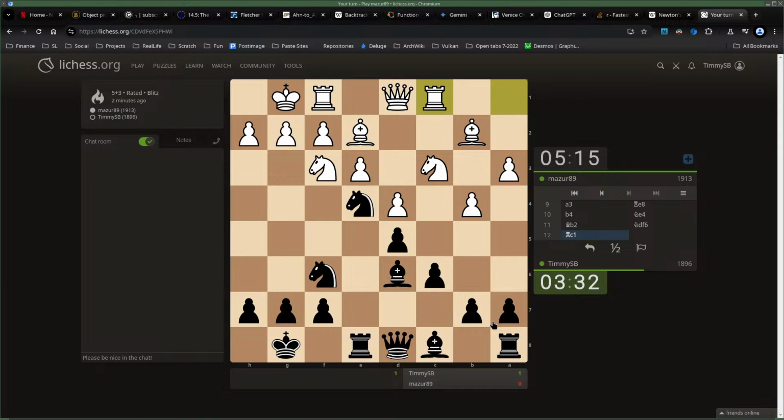This rook is not used. This is not developed. Where do I go? Can I go here? The knight can freely go and take his good bishop with attack of the queen. It should be possible.